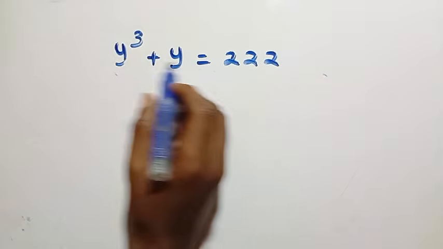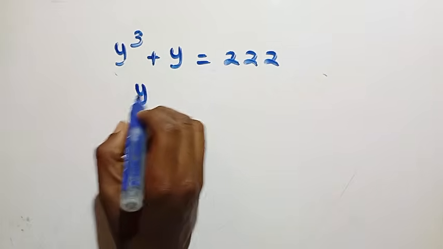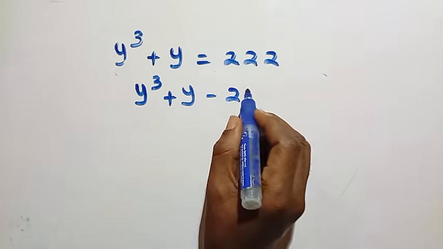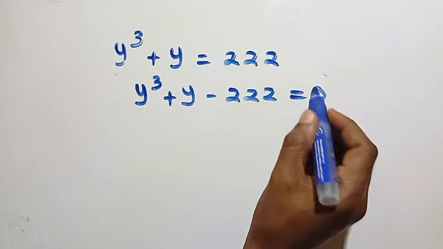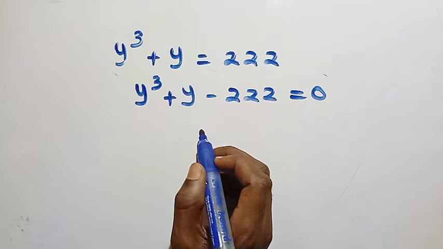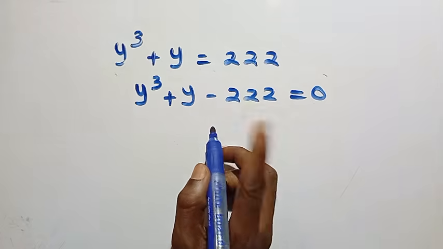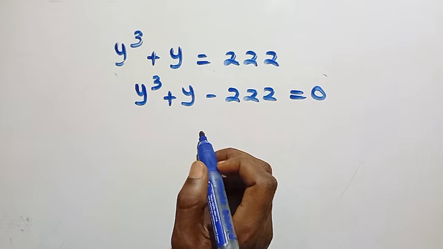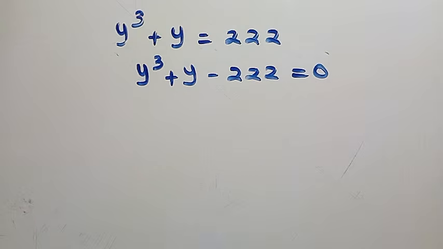Let's transfer 2^2 to the left-hand side. We have y to the power 3 plus y minus 2^2 equals 0. One solution of y here is 6, which means we have one factor already. Let's consider the coefficients.